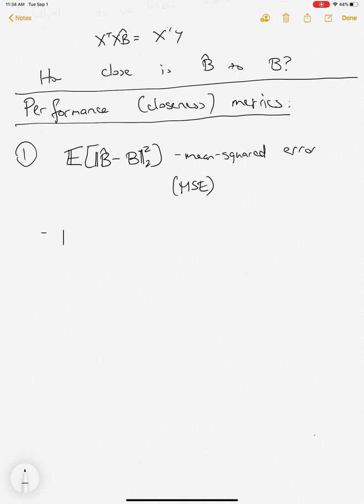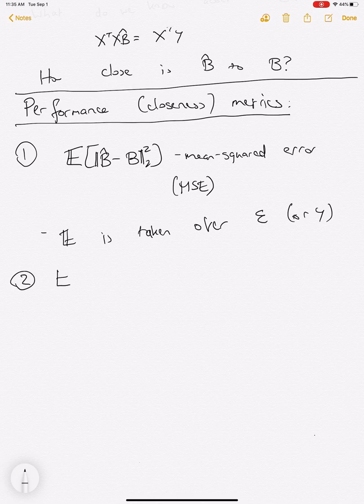So the expectation is taken over epsilon. You can think about that, or y, because remember that y is a random variable that depends on epsilon. So that's why we have an expectation here, because b hat is going to be random. And this is a pretty widely used metric.